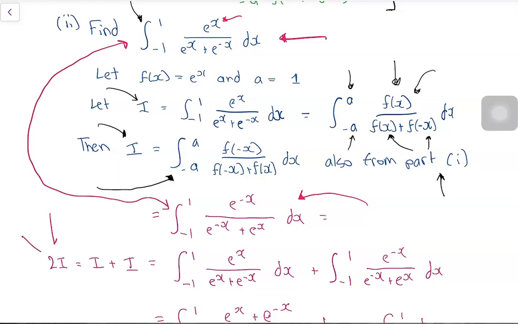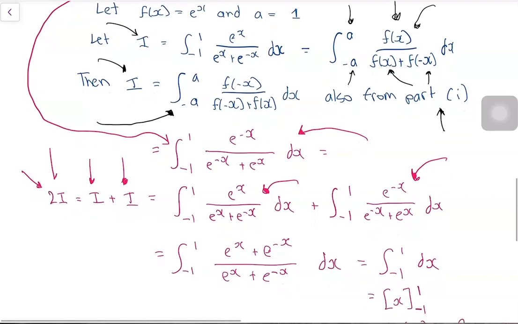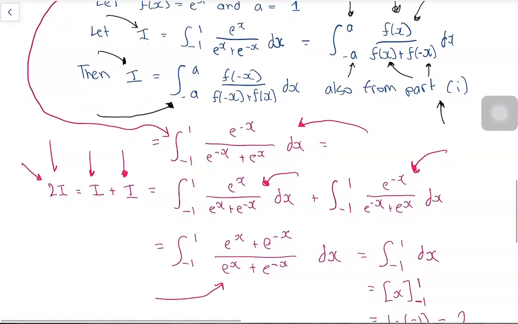So we can write 2I as I plus I, but we'll use the two different expressions for each occurrence of I. So over here I'll use the original expression for I, and over here we'll put the new expression for I. Now the sum of two integrals is the same as the integral of the sum of these two inner expressions, and we have two of the same denominators here, so we can just add e to the x and e to the minus x.